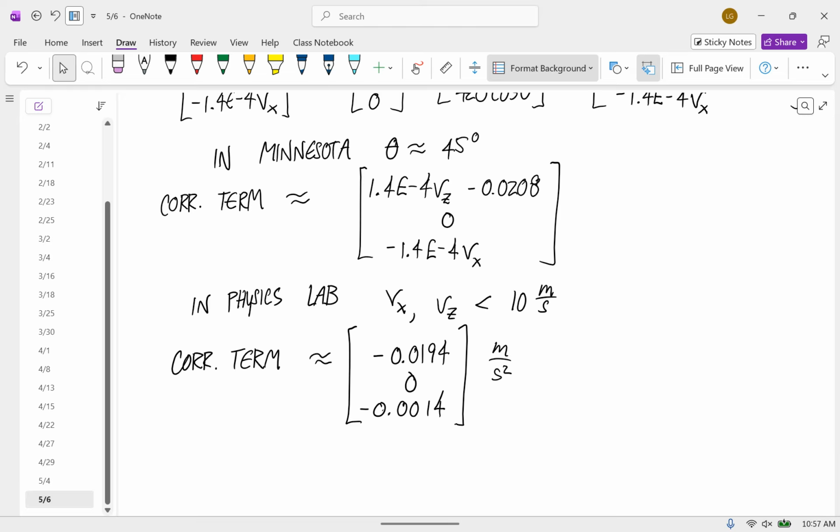Yes? I did have a question about the observed velocities and acceleration that we put in here. Now, if we are trying to find the true acceleration of something where its axis of rotation is being affected by some other movement, then that observed velocity and acceleration would be that rotating coordinate system equation, right?